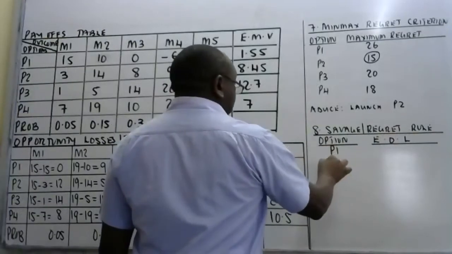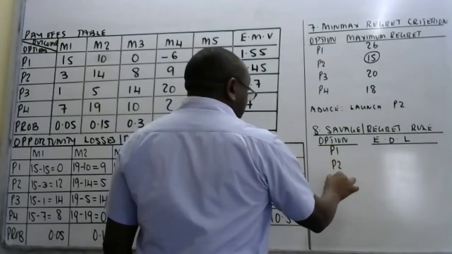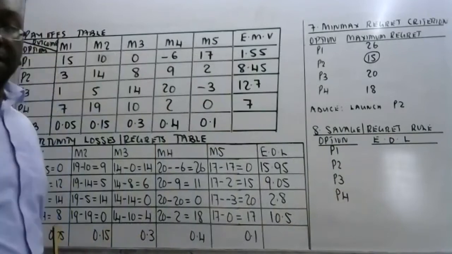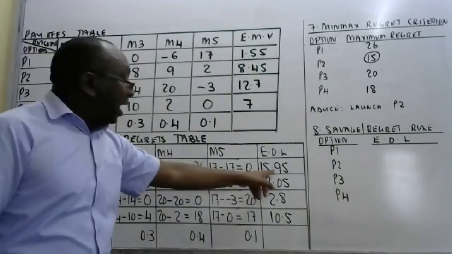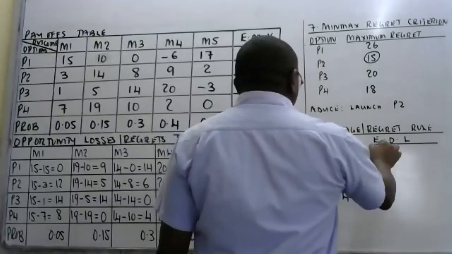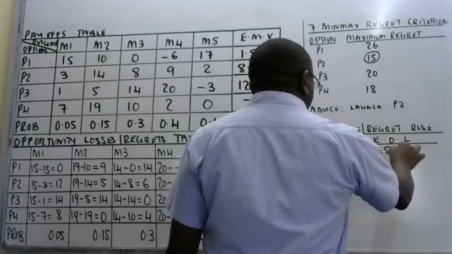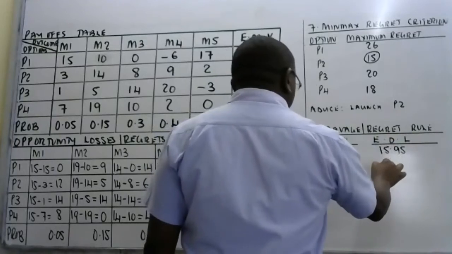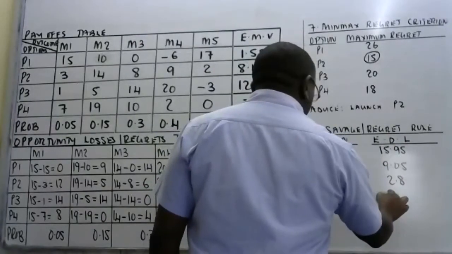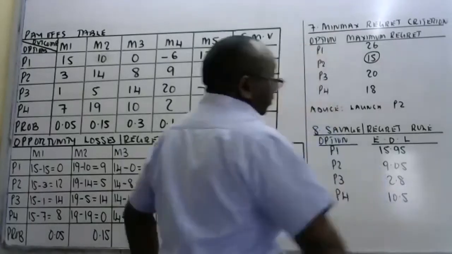So P1, P2, P3, and P4. You pick the EULs that you already have computed. So this is 15.95, this is 9.05, this is 2.8, this is 10.5.